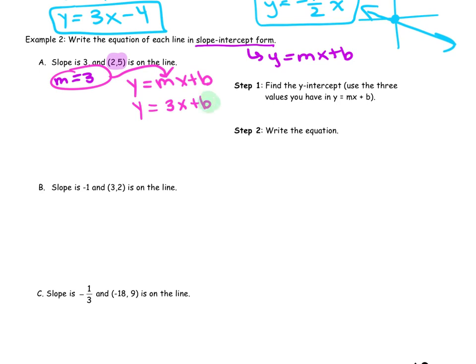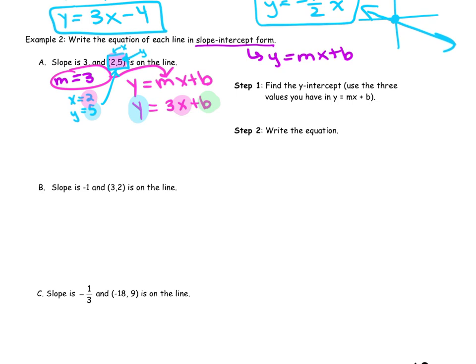Well, guys, I give you a point that's on the line, right? 2 is x, and 5 is y. So can I plug those things in, right? I know x is 2 and y is 5. It's given to me here. So I'm going to plug this in. I have y to be 5, and I have x to be 2.